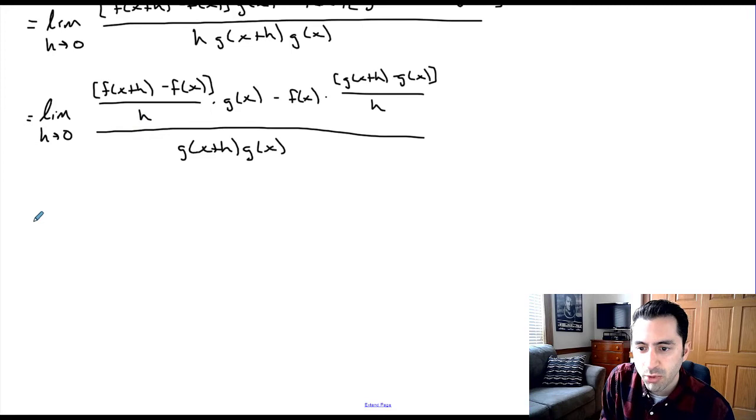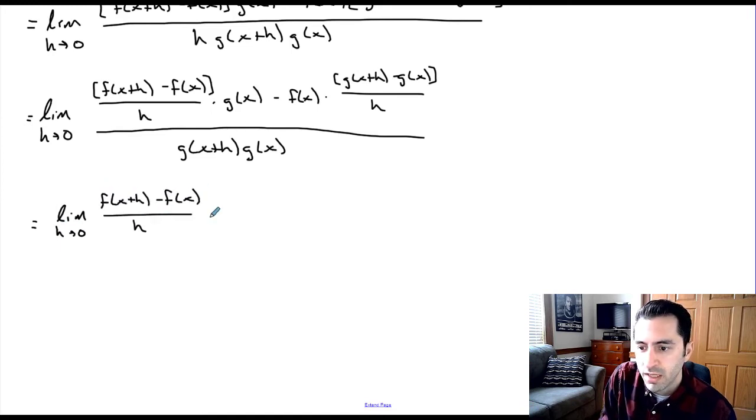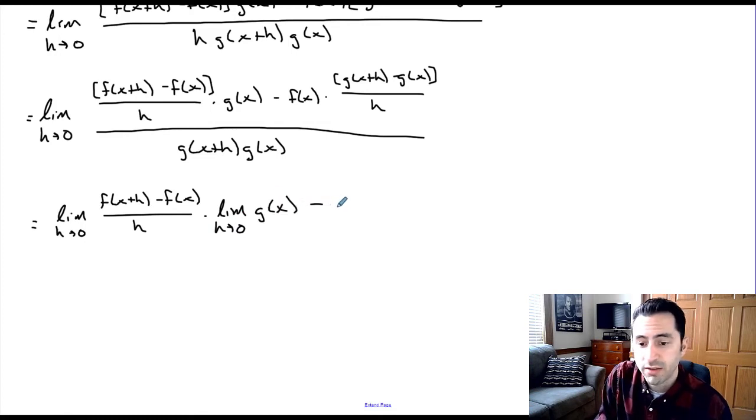So now let's separate this out and let's take the limit of the different pieces. So we will have the limit as h goes to 0 of our difference quotient for f. And this is being multiplied by the limit of g of x. Okay, and then subtracting. Now we're going to have the limit of f of x.